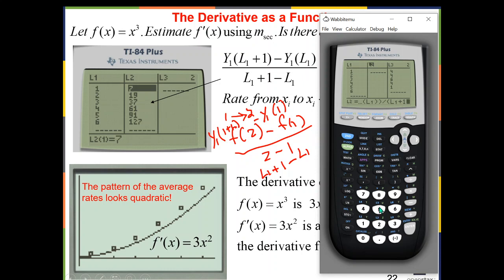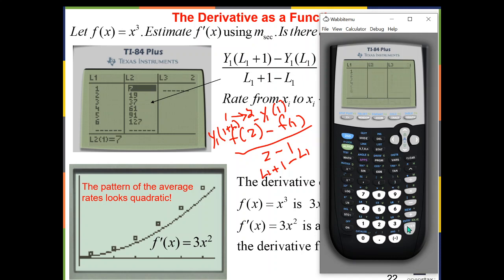Now, of course, in this case, I could just put 1, because that's what I'm going to get. The reason that this is the same is because I decided to go with 1 unit. But in general, if you don't go by 1 unit, just put the formula in there. And minus L1, which is basically 1, right?